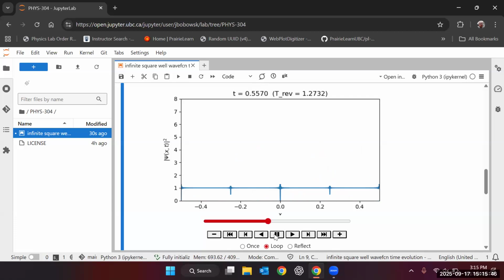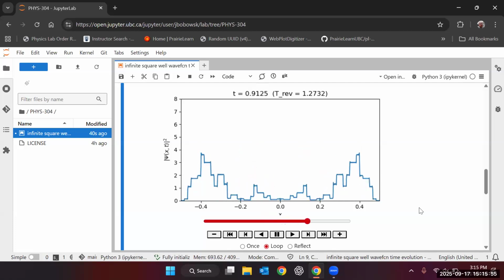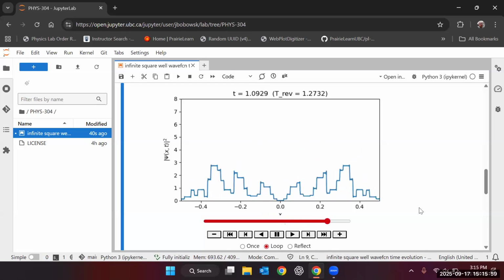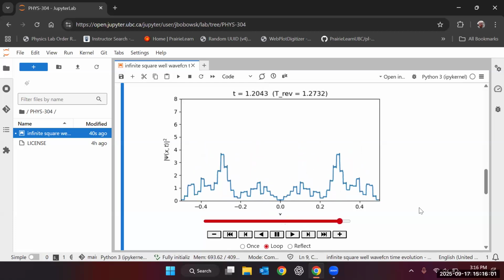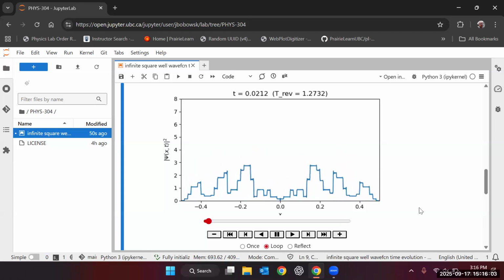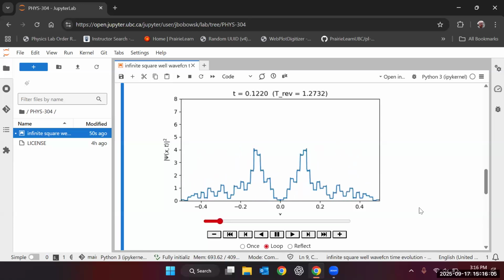Okay, and so in general, the process that we followed to do this calculation applies to all of the systems that we are going to investigate. Most of the work is in finding the stationary states, solving the time-independent Schrodinger equation.